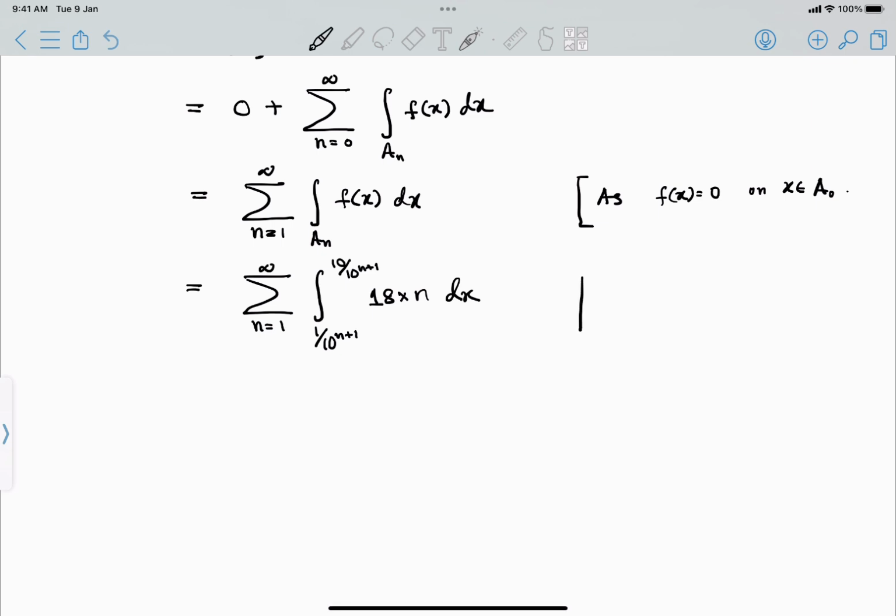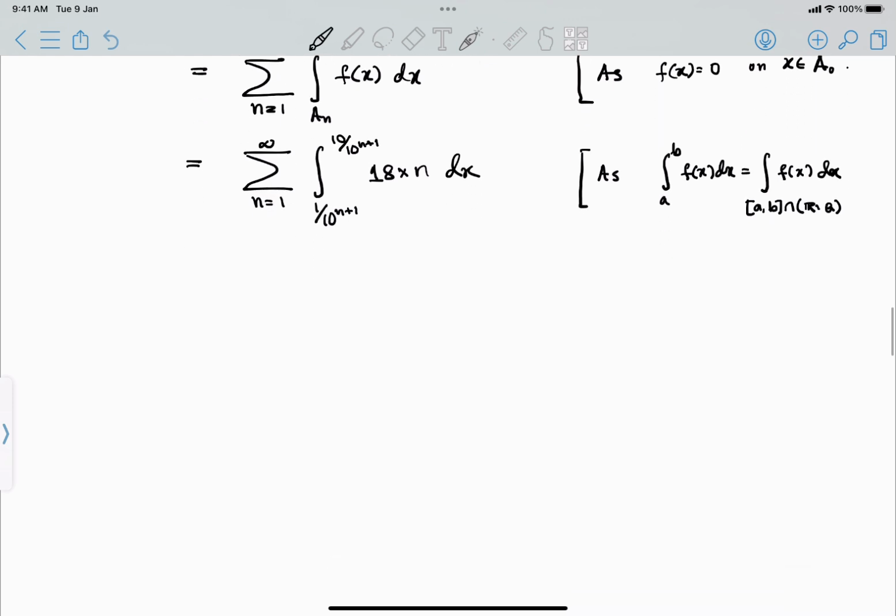Why is this so? Because the integral of f(x) dx over some set, say a to b, is the same as the integral over a to b intersection irrational, because the rational set has measure 0.